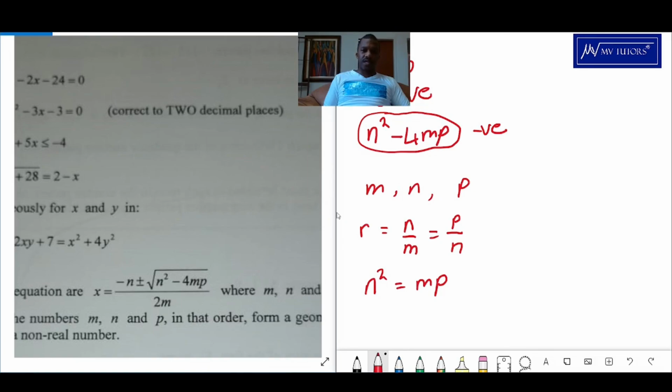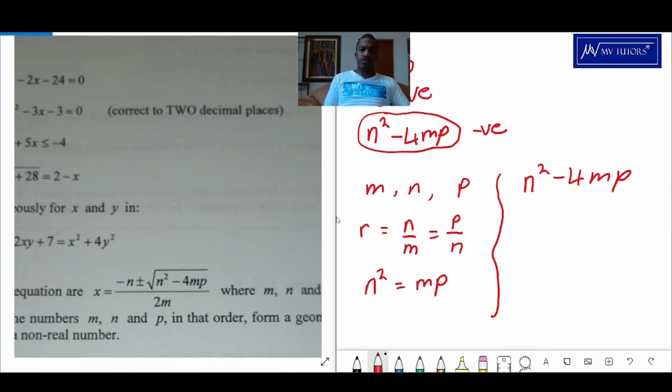Okay, now we've got this. Remember, what we have to do is prove that this thing is negative. How can we do that? Look at this. We have that n squared is equal to mp. So the expression that we have is n squared minus 4mp. That's what we have to prove is negative.